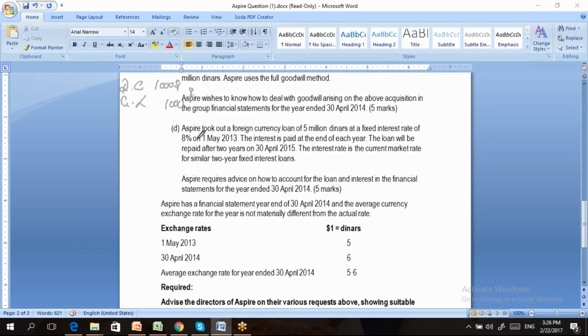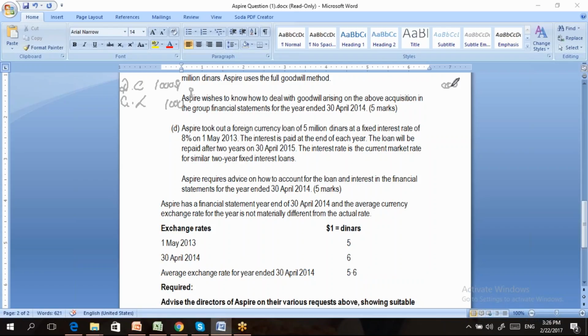Now, at the end of the year, we have to charge interest to the P&L. 5 million dinars at 8% is 400,000. So 400,000 is an expenditure, and expenditure we always convert at the average rate.